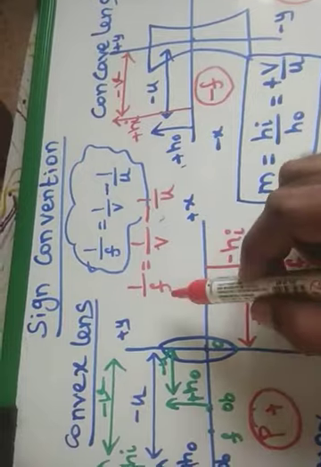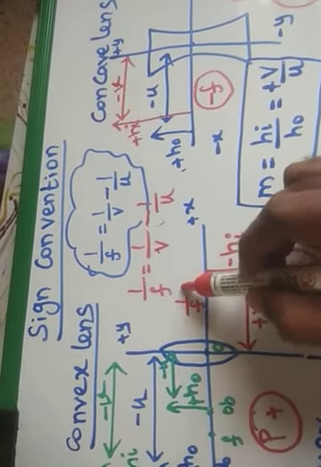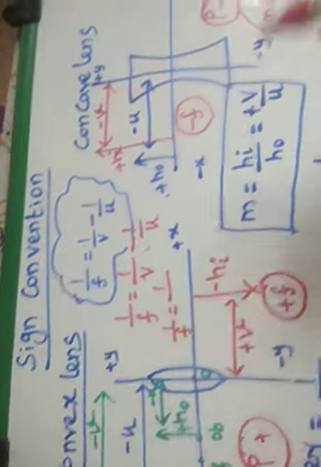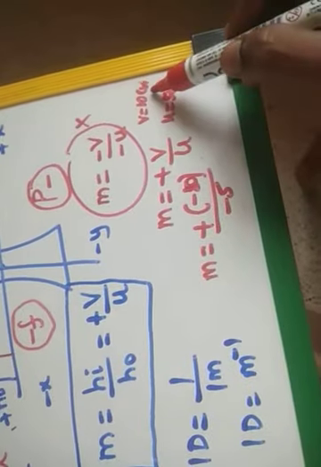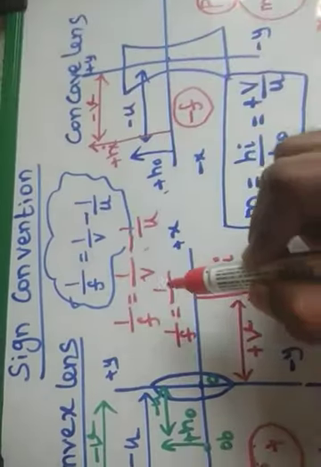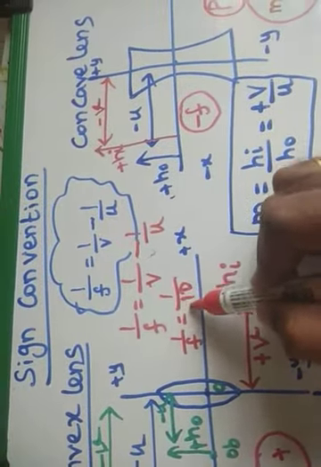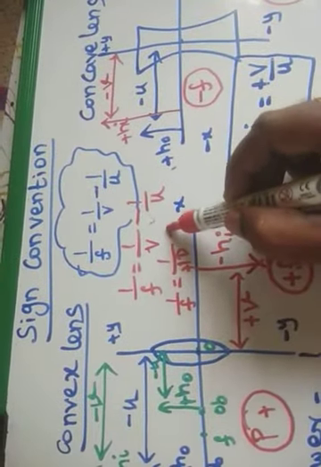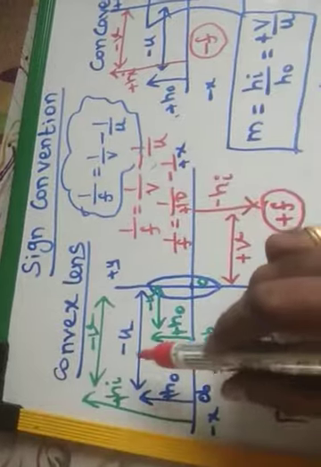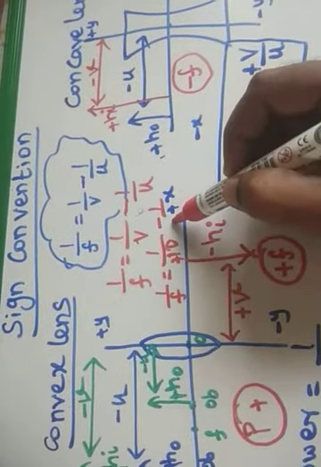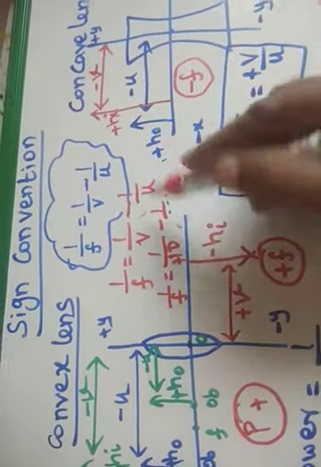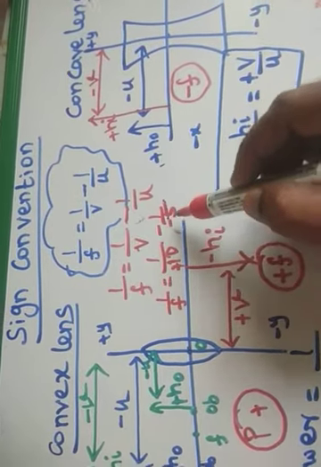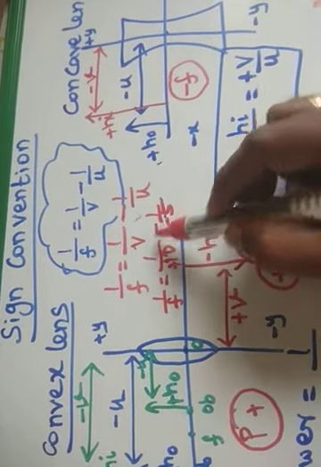In the next step, you can substitute: 1/f is equal to 1 by the v value, and we have taken 10 centimeter, u value 5 centimeter. So plus 10 centimeter, because v is positive for a convex lens, minus 1 by u value, which is minus 5 centimeter. Now you can put minus into minus as plus.